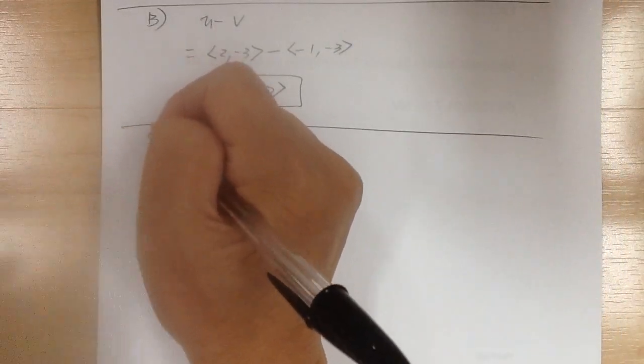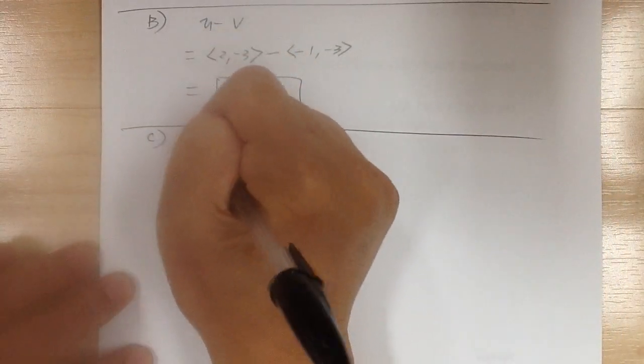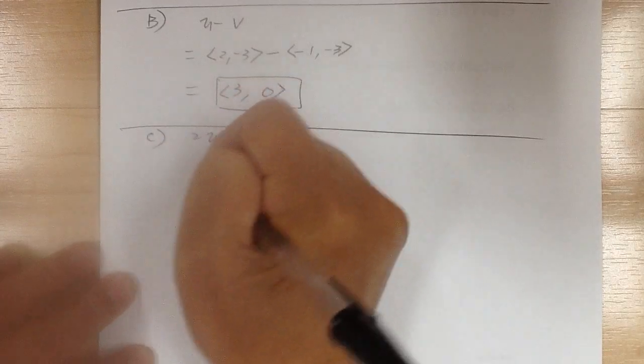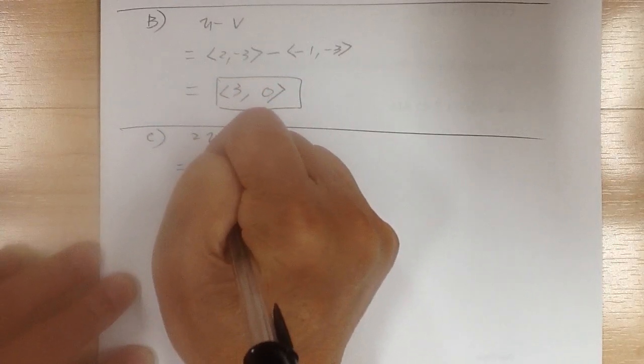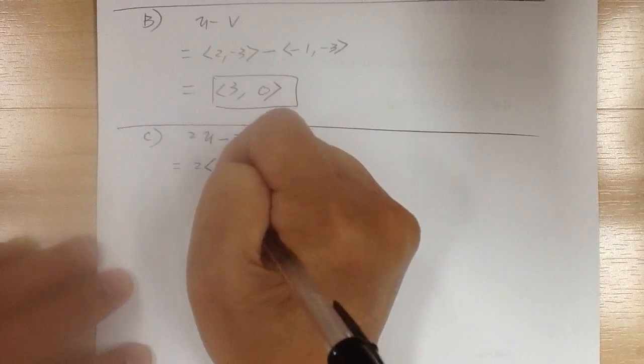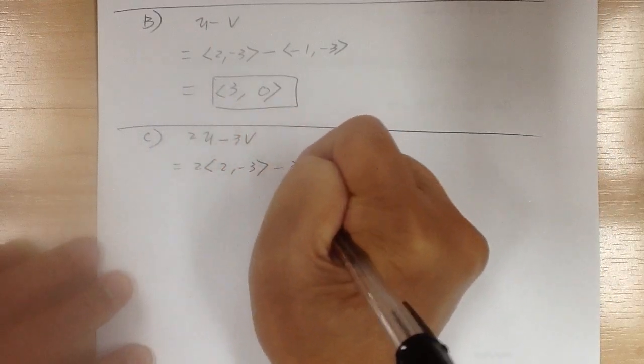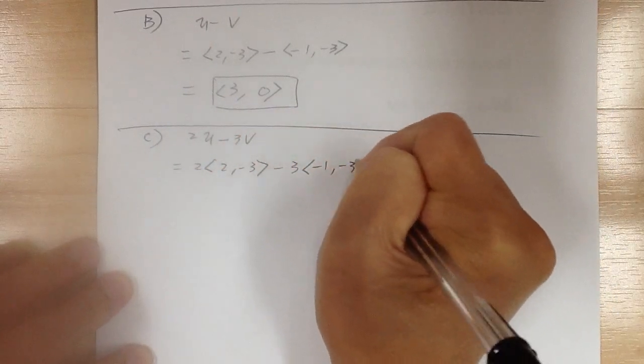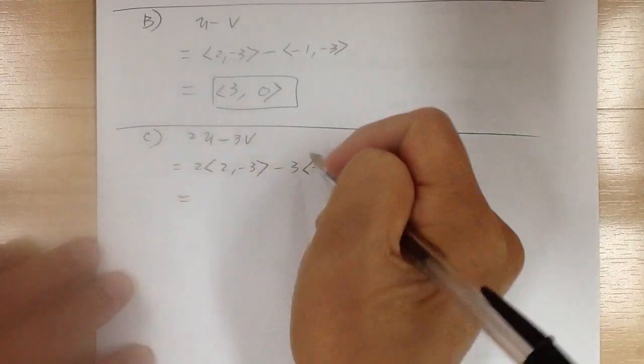Okay, let's go to C. You've got 2u minus 3v. So this will equal 2 times 2, comma negative 3, minus 3 times negative 1, negative 3. You can first distribute.